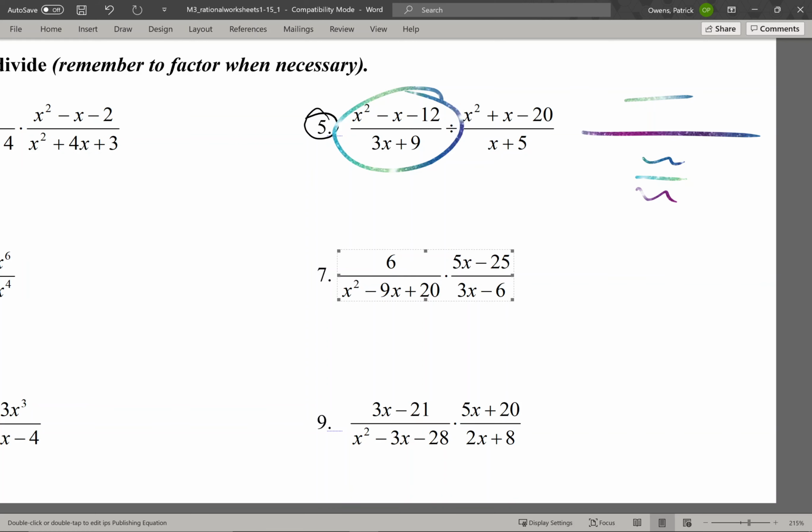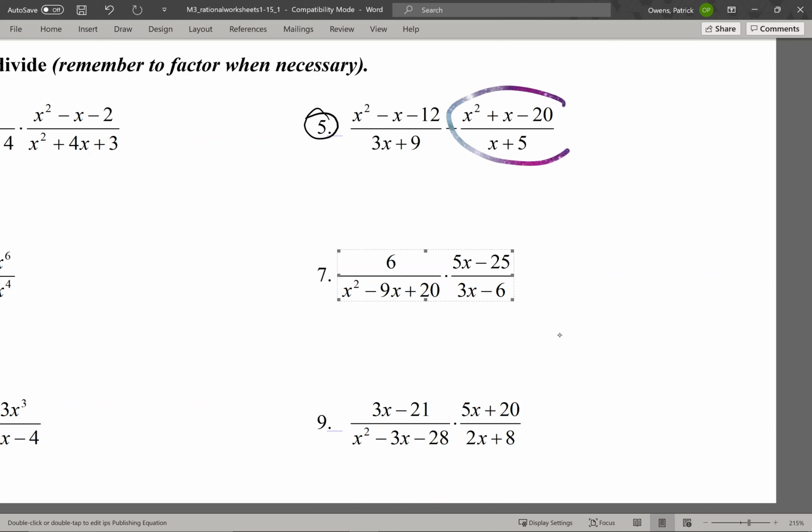We take our numerator, or, if we're looking at it in terms from our integers and polynomials unit, our dividend, we take our dividend, multiply it by the reciprocal of the divisor. So we multiply your numerator by the reciprocal of the denominator.